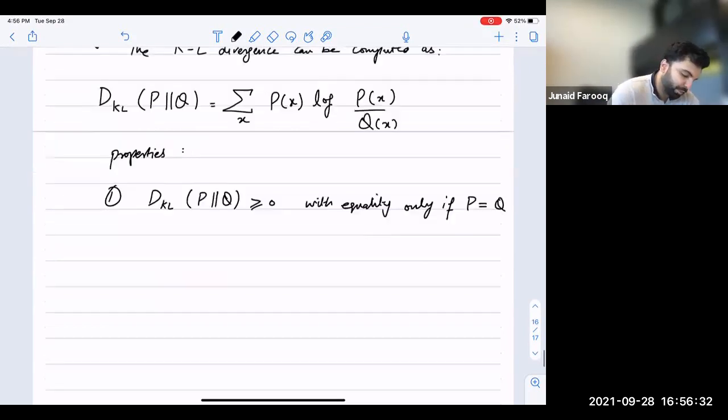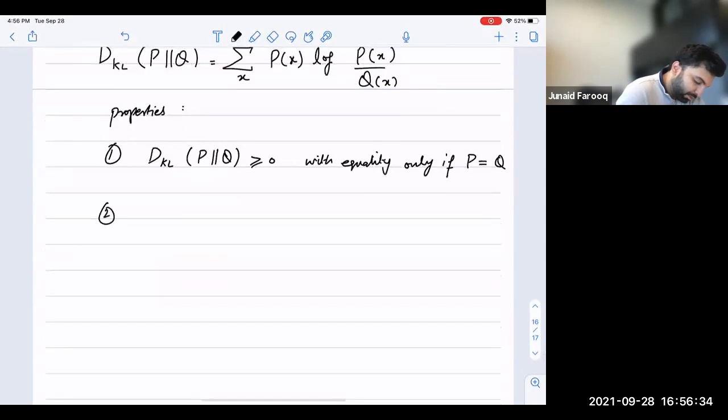That's a good property. But there's a second property which is not that great, which says it is not symmetric.